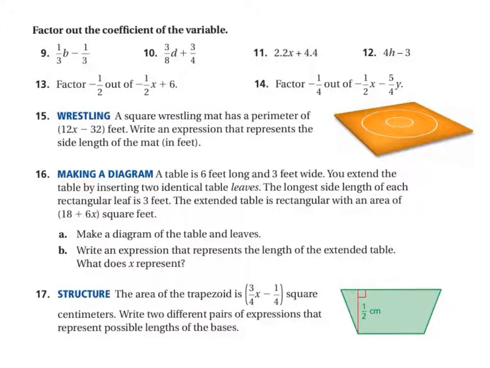Since we are factoring out negative 1/2, we're going to put that on the outside of the parentheses, negative 1/2, and negative 1/2 times x equals negative 1/2 x, and negative 1/2 times a negative, because a negative times a negative equals a positive, so negative 1/2 times negative 12 equals a positive 6. And we are going to skip number 17.